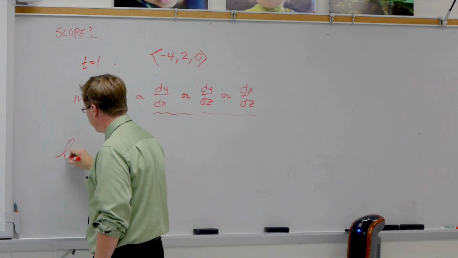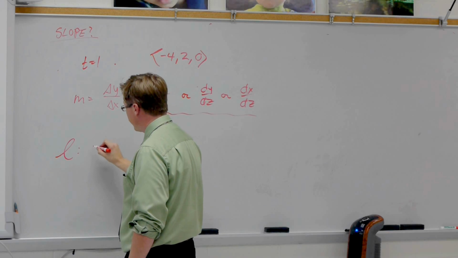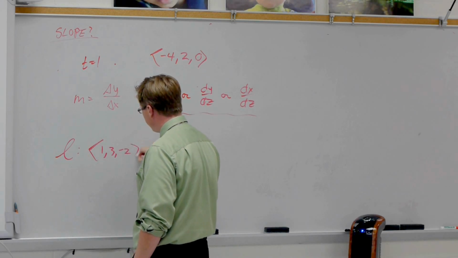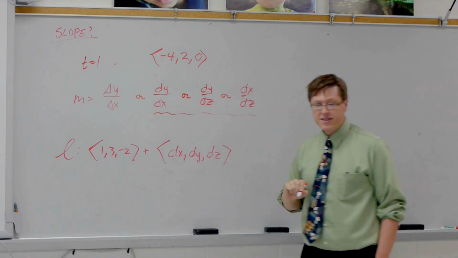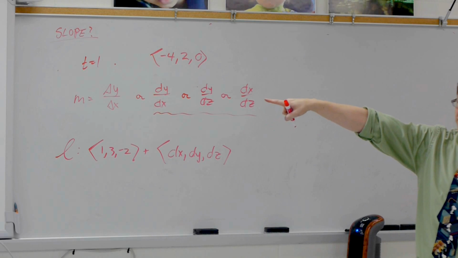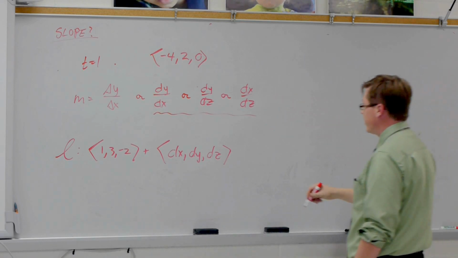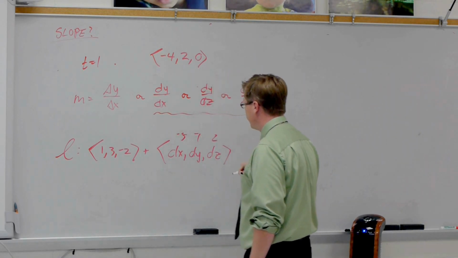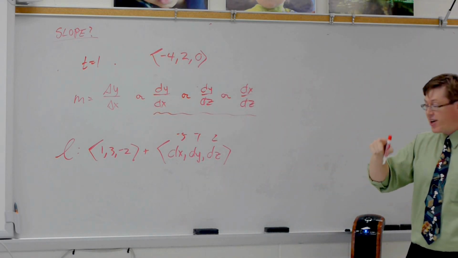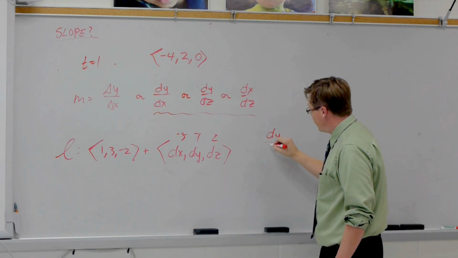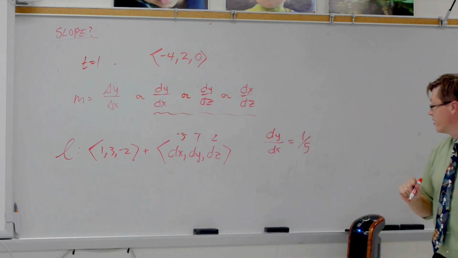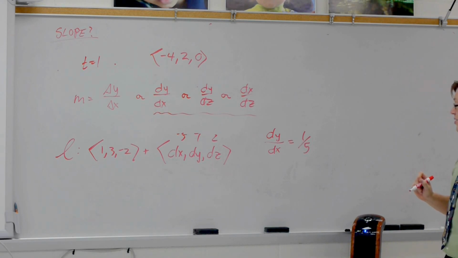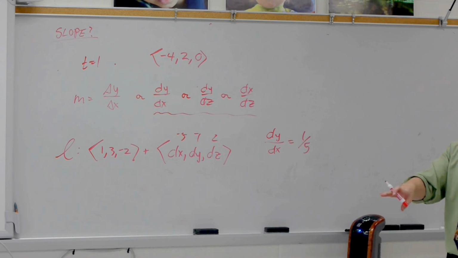So let's take our same line again. It's basically (1, 3, -2) plus (dx, dy, dz), where (dx, dy, dz) is just those points over there. For this particular line, dy over dx is 1/5. So if you look at how much y is changing in relationship to x, it's pretty flat, 1/5.